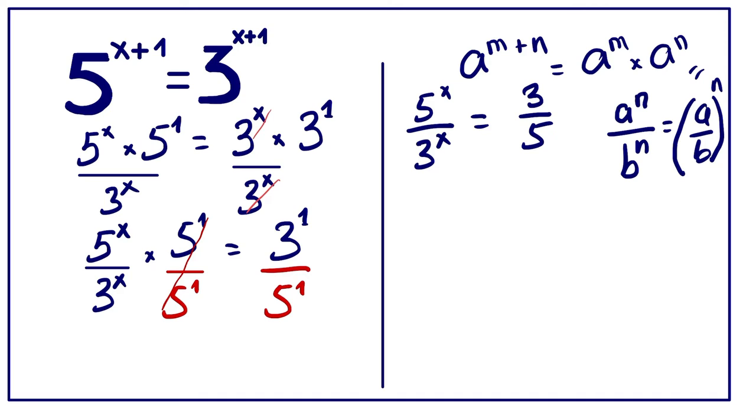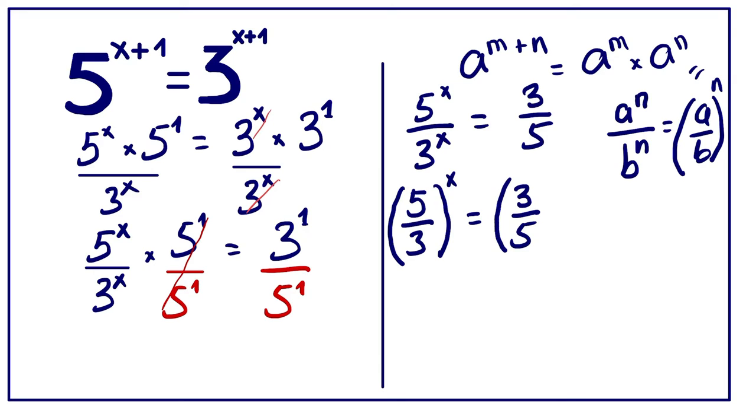This will be the same as (5 over 3) to the power x should be equal to 3 over 5. There's always a power. If there's no power, we can put 1. Okay, we are almost there.